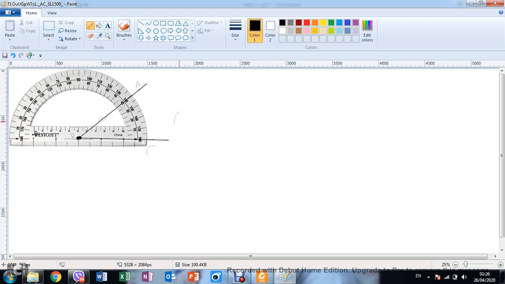So the measure of angle ABC is equal to 40. The measure of an angle is in what? Degrees. This is the symbol of degree, 40 degrees.